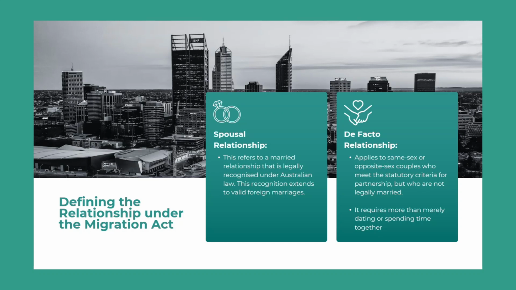And for the de facto relationship, there are two ways to be considered in a de facto relationship for partner visa. The first one is that you need to register here in Australia. Some other states you can't just register. I think it's Western Australia, but I think the other states as well can register their relationship.